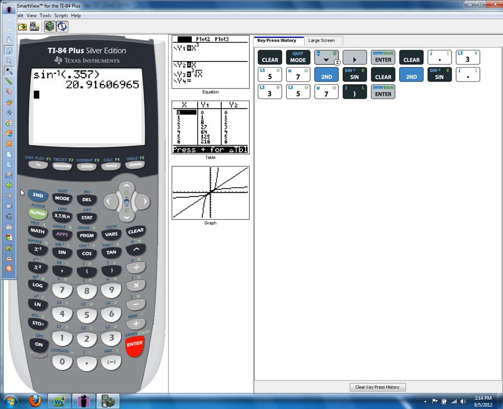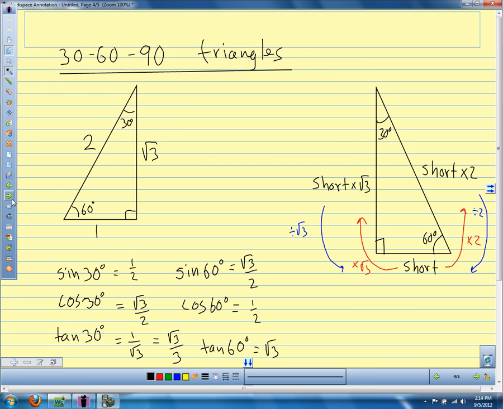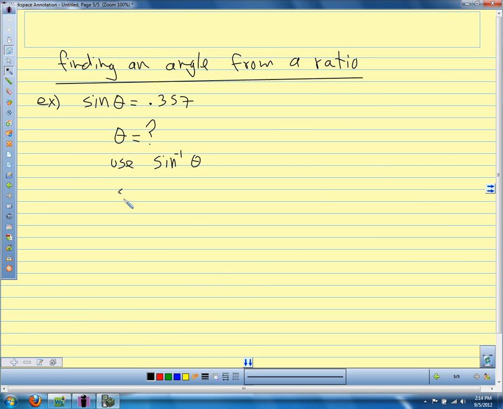So the inverse sine of 0.357 is 20.92 degrees. If my calculator were set in radian mode, my answer would be in radians.